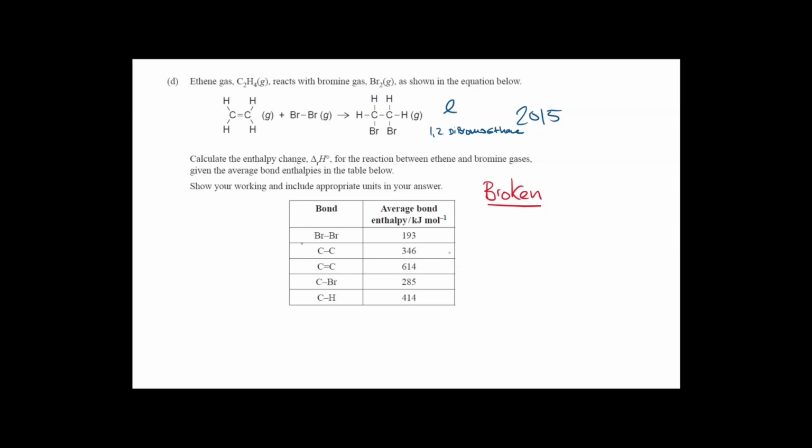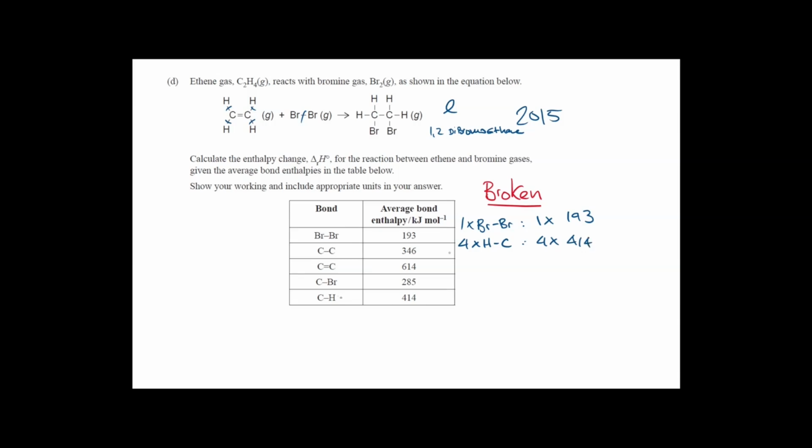So the bonds broken, let's do the bromine first. Bromine-bromine, it's 1 times bromine-bromine, and that's 193. So not a lot of energy to break that up. And then there are 1, 2, 3, 4 hydrogen to carbon. So that's going to be 4 times carbon to hydrogen, 414.